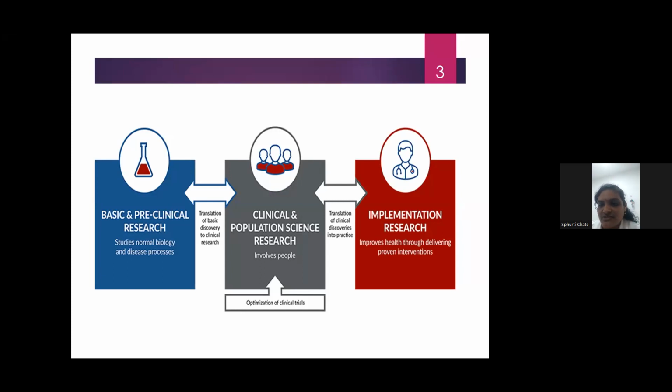Clinical research mainly involves all the clinical trials involving people or patients. And implementation research involves interventions mainly focusing on improving health through delivering proven interventions.